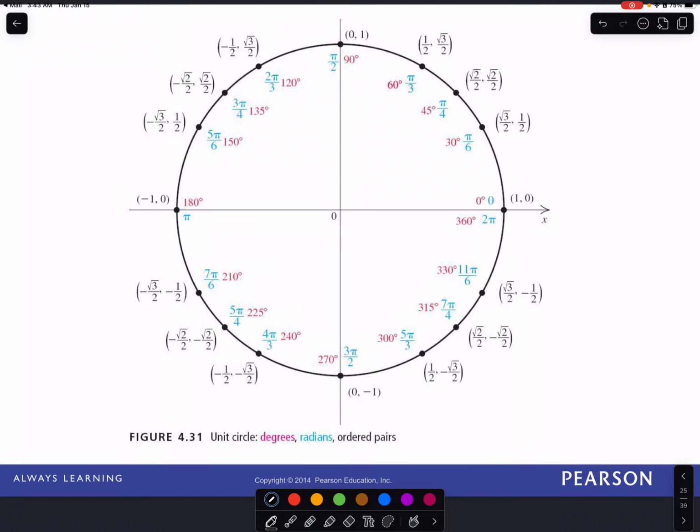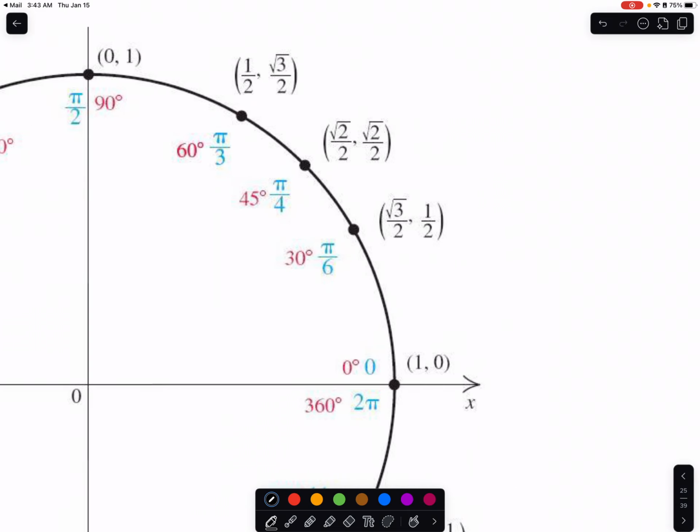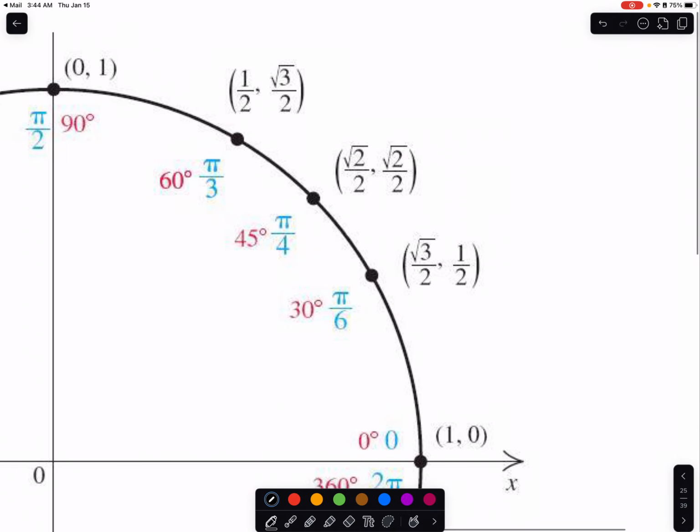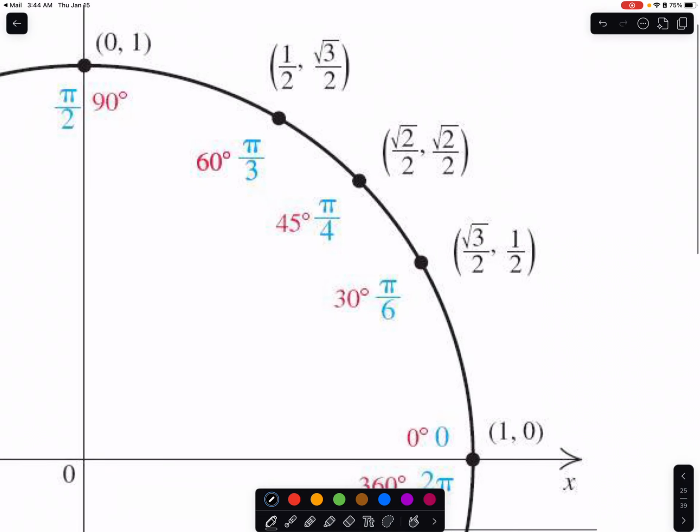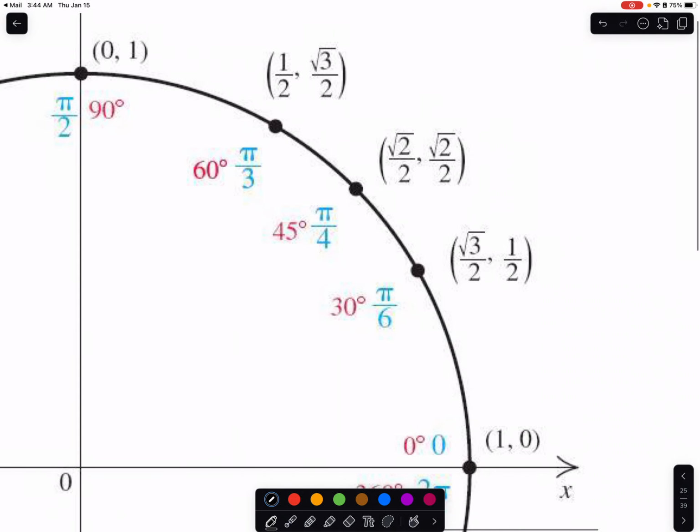So when looking at the unit circle, let's just focus on quadrant 1, right? We got our 0 degrees, 30 degrees, 45, 60, 90. So then if we have those degrees, we can convert them to radians, right? So 90 degrees in radians is pi over 2. 60 degrees, we would say what? 60 degrees times pi over 180 to give us pi over 3. So we can convert from degrees to the radians.